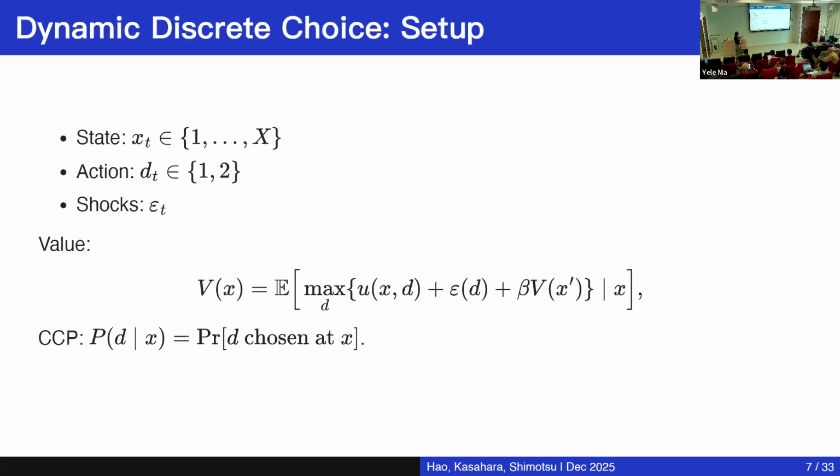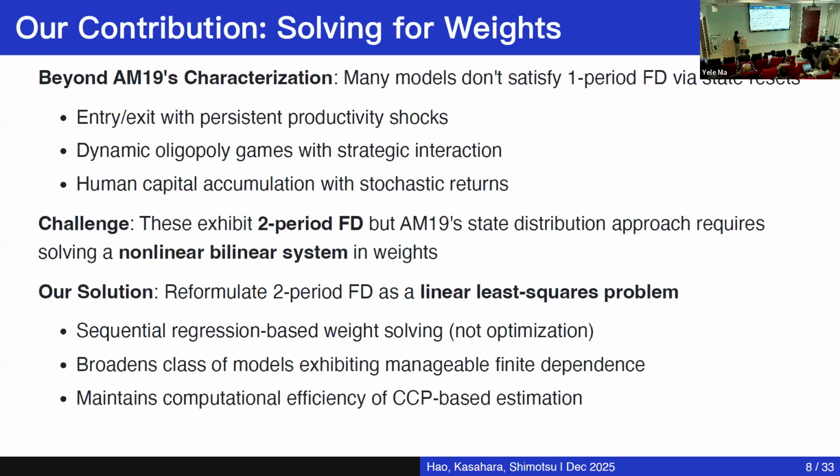So we start with a discretized state space X. Sorry, I changed the notation. And we have two decisions, 1 and 2, an idiosyncratic shock that's additively separable, and the CCP is denoted by this. And if we know this choice-specific value function, then we have a one-to-one mapping from CCP to the choice-specific value function.